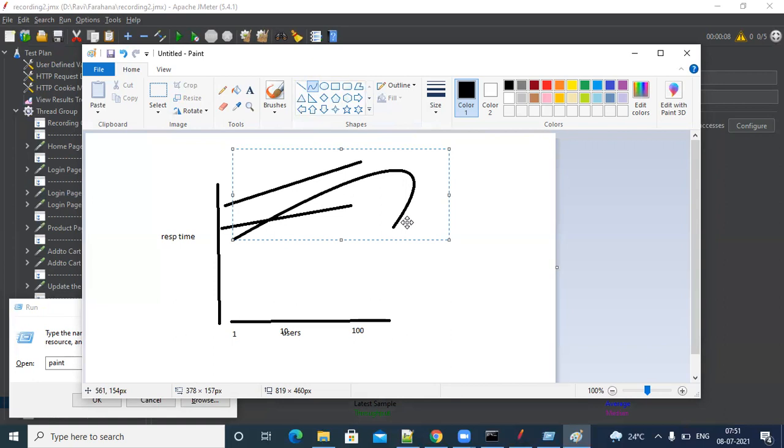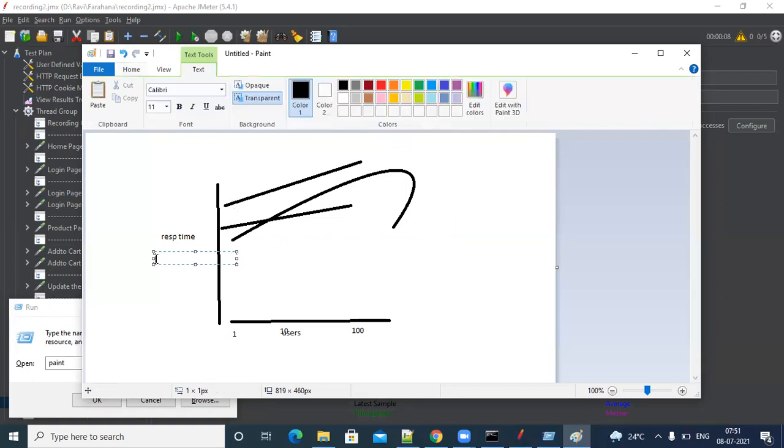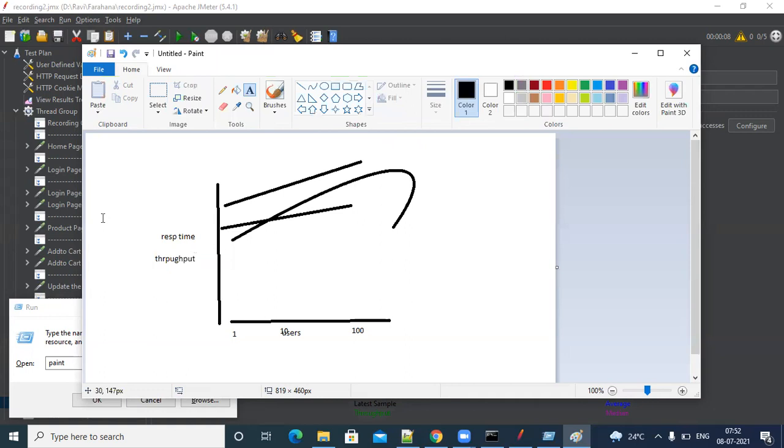Okay, now in the same way, let's take throughput. Throughput is nothing but the number of requests.